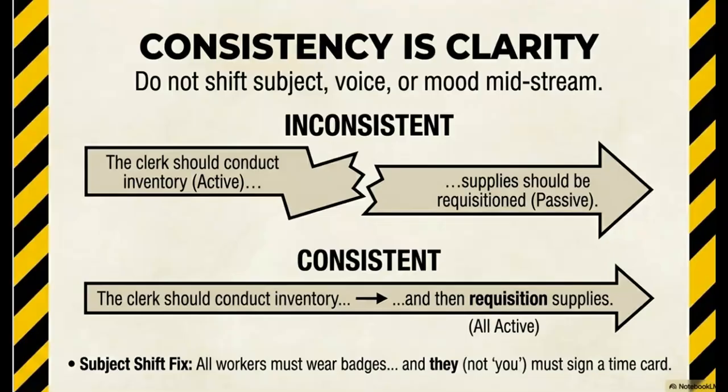And so we wouldn't flip to the passive voice halfway through. What we would do is just keep your sentence flowing smoothly from start to finish. And so here, the proper way to state this is the clerk should conduct inventory and then requisition supplies. And we wouldn't say the clerk should conduct inventory, supplies should be requisitioned.